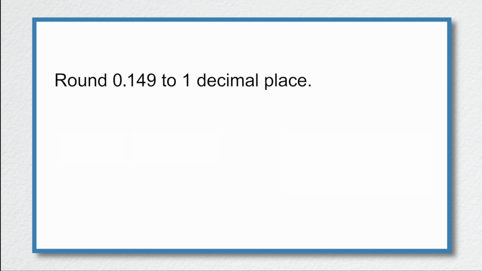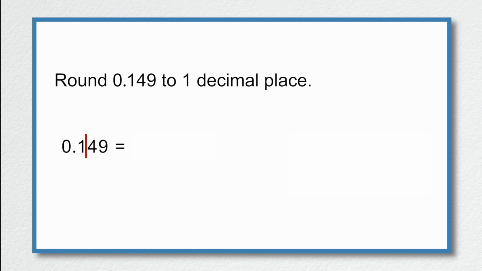Now, how you then approach this, and we were covering this in the previous video, well, let's write down 0.149. We're rounding to one decimal place, that is, one digit after the decimal point. So this becomes our cutoff point.